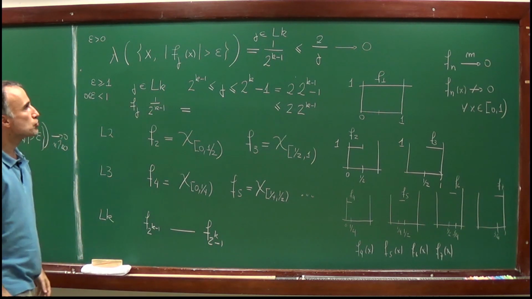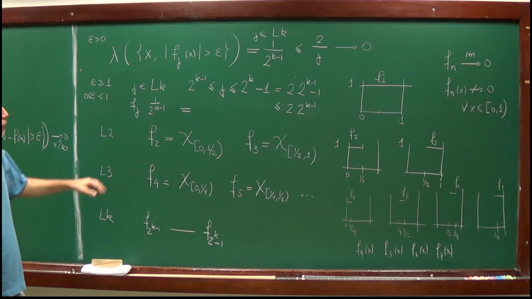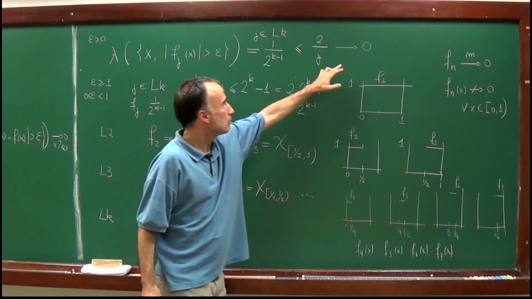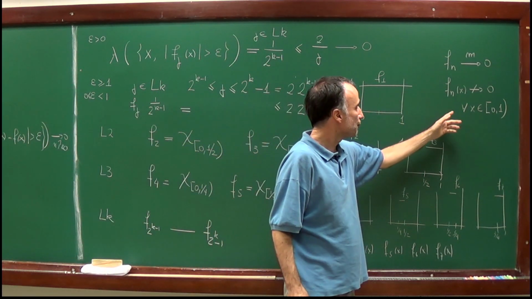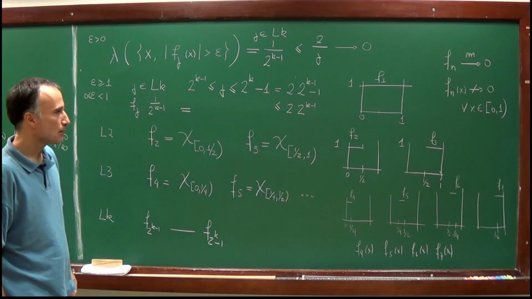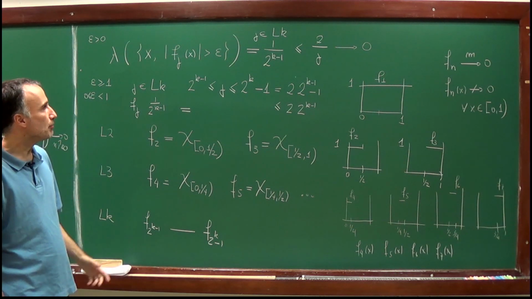So we have here an example, the classical example, of a sequence of functions f_j which converges to 0 in measure, but which does not converge to 0 pointwise. This is an example to keep in mind.